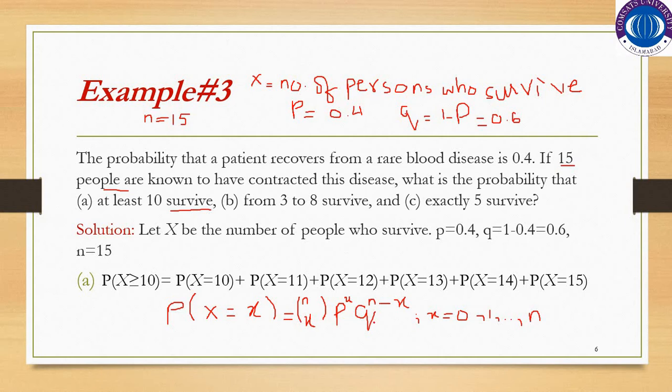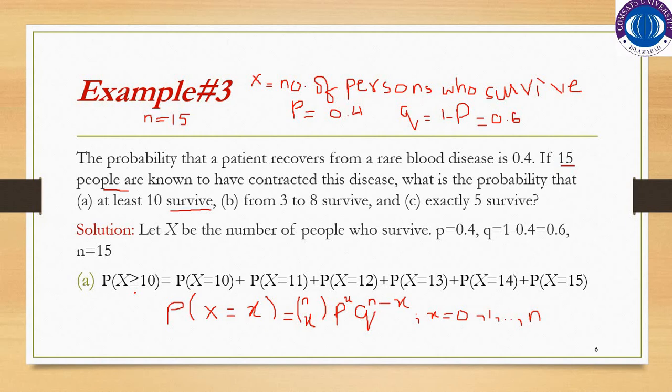will be equal to 0.6, and we are finding out that at least 10 will survive. So probability x is greater than or equal to 10, because they are saying that a minimum of 10 people will survive. They are not restricting the upper limit, they are just restricting the lower limit.